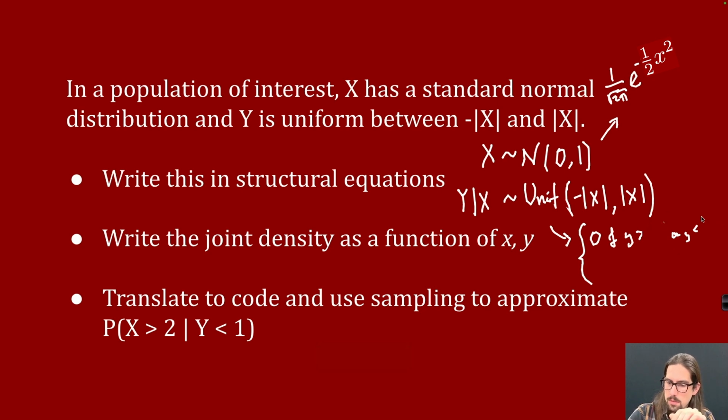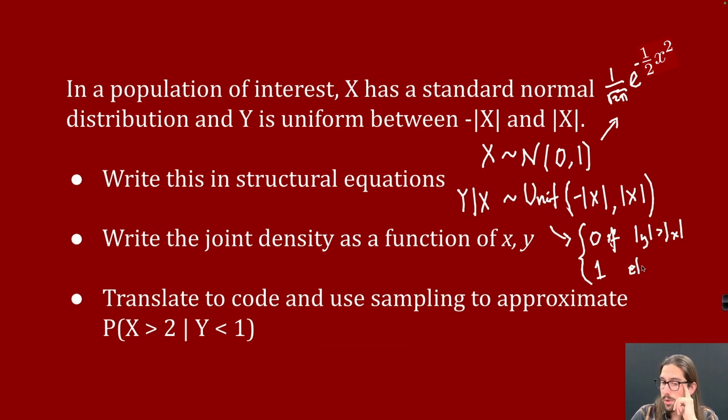I can write that a little more neatly. I'll just say if y is bigger in magnitude than x is, then the density is 0. There's no chance. And it's 1 otherwise.